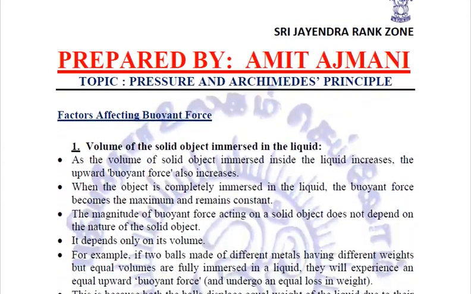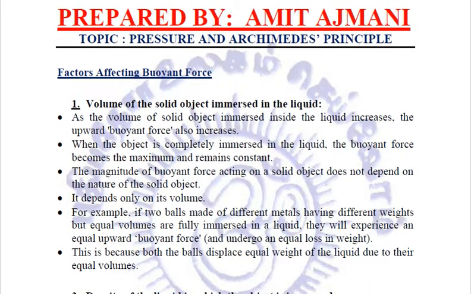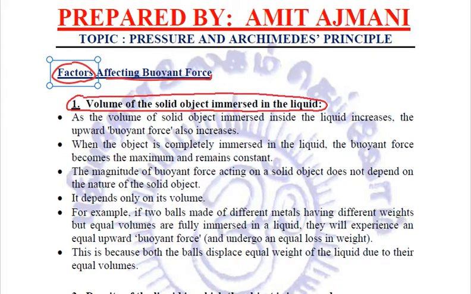Let us study a bit more about this buoyant force. There are various factors which affect the buoyant force. What are these? Number one, and the very important factor, is the volume of the solid object immersed in the liquid. The buoyant force is directly proportional to the volume.